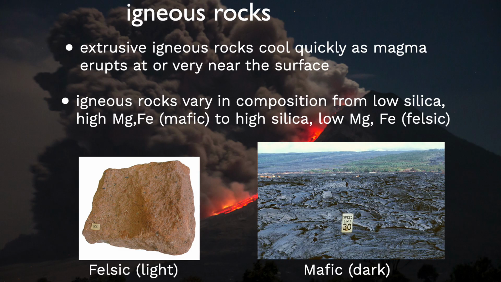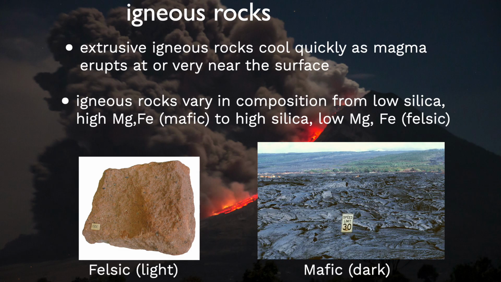We can then classify them into two subgroups based on their composition. Igneous rocks that have a low silica and high magnesium or iron composition are called mafic rocks.